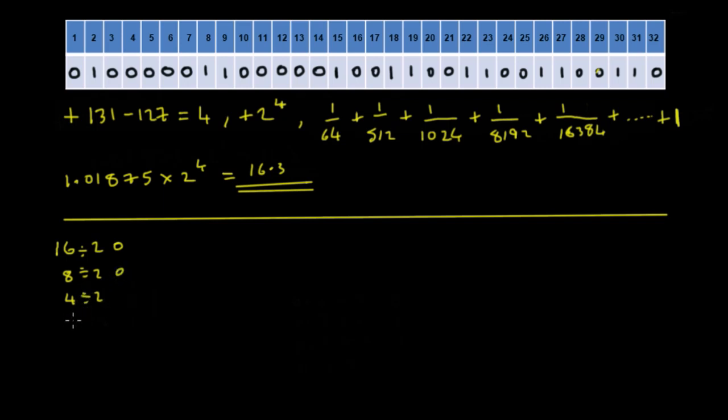Divided by 2 is a value of 2 with 0 left over. Divided by 2 is a value of 1 with 0 left over, and the 2 will not go into the 1, so we're just left with a value of 1. And we read from the bottom to the top, and that's going to give us a value of 1 with 4 nothings, 0, 0, 0, 0. So that's 1, 2, 4, 8, 16.